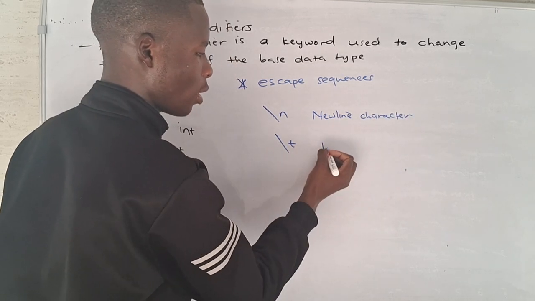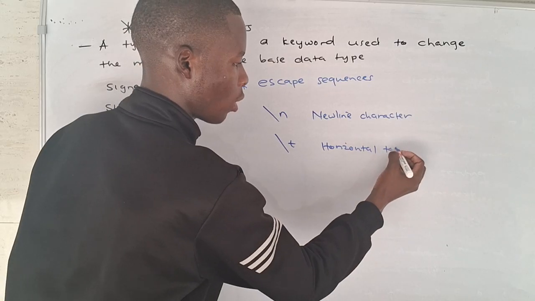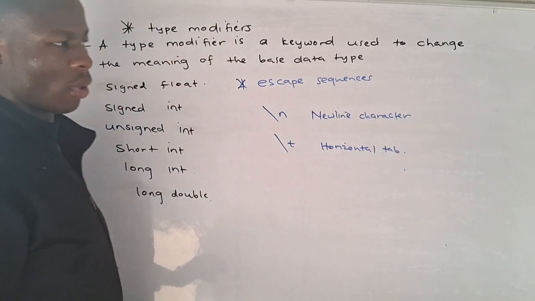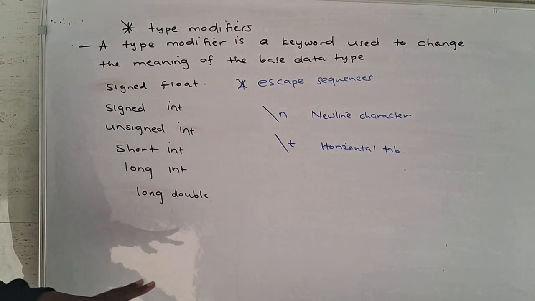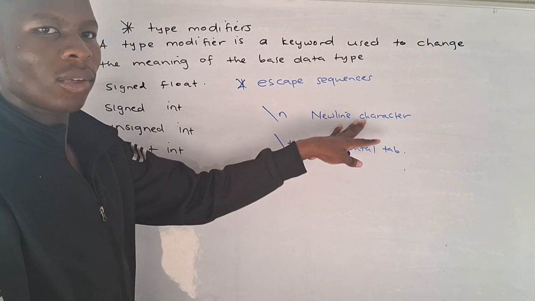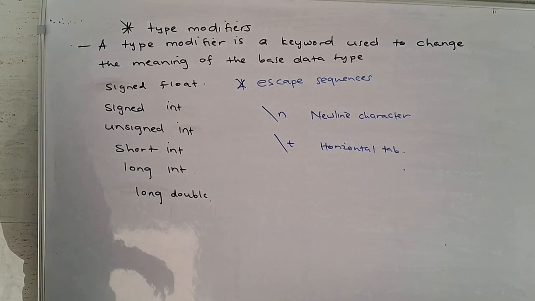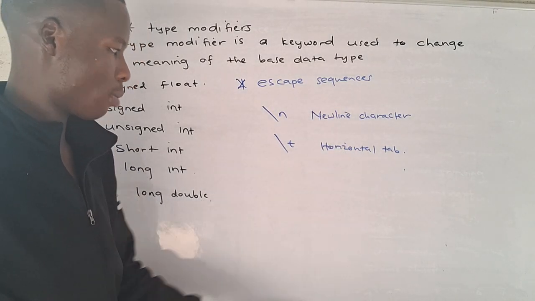And what is this? This is the horizontal tab. These escape sequences are also important. This is going to direct the cursor to the next line. This is going to create adjacent space.